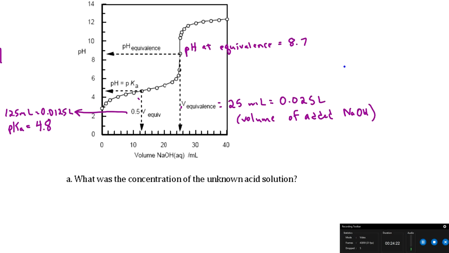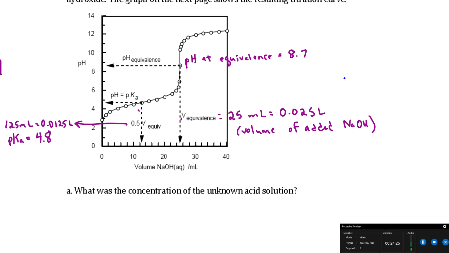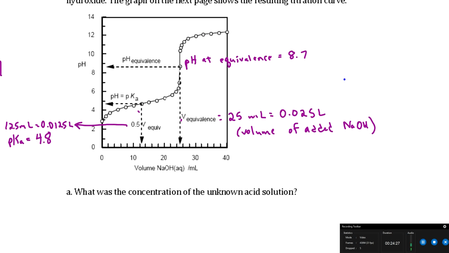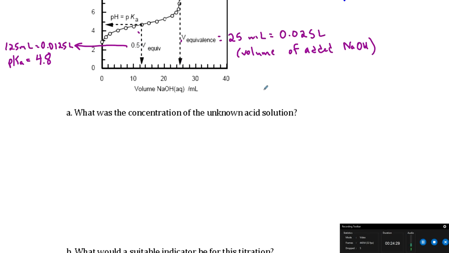Okay, so that's some new information that we can pull from this titration curve that we weren't pulling from it before. So now let's do our calculations, and we'll pull some other information from this graph that we haven't yet. So here's our neutralization reaction.